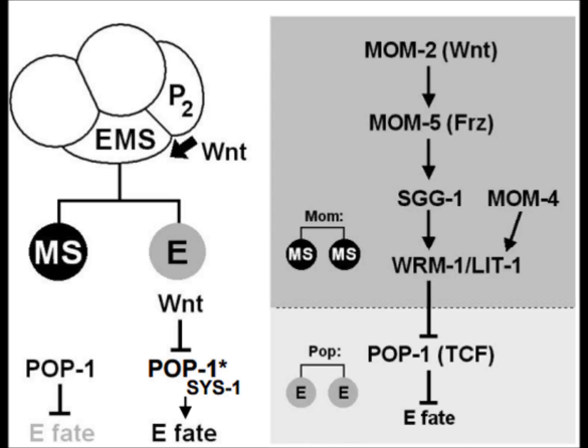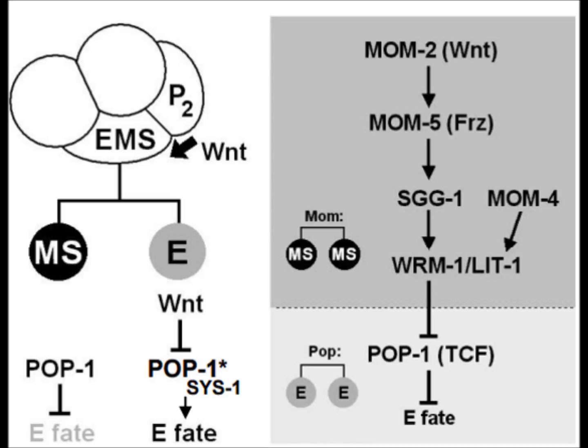If Wnt signaling is not present between P2 and EMS, both anterior and posterior halves of EMS will develop into MS-like cells. So the Wnt pathway is used to signal WRM1 and LIT1 to phosphorylate POP1 protein in the nucleus of the cell.